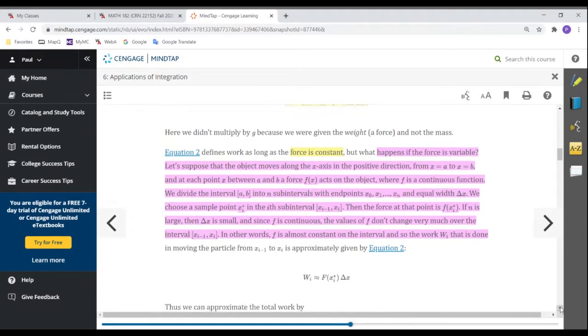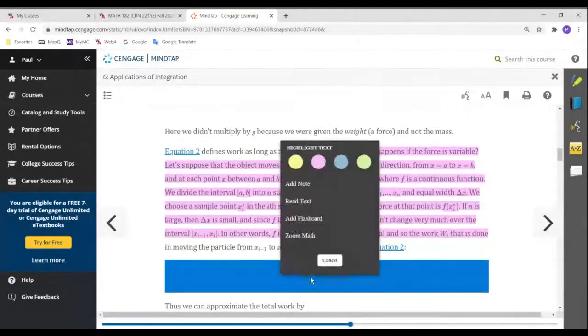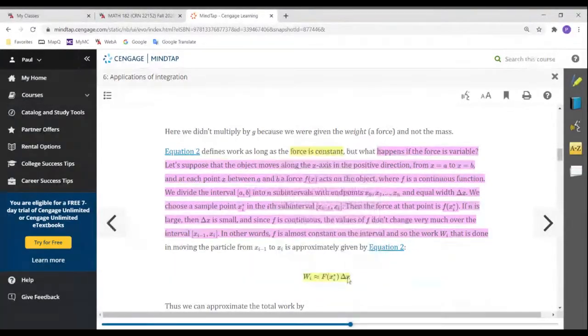So what you can do is approximate the work over the little subinterval as the force at x sub i star times delta x.